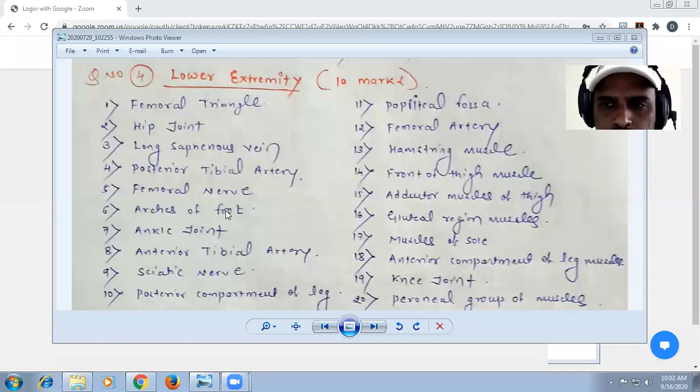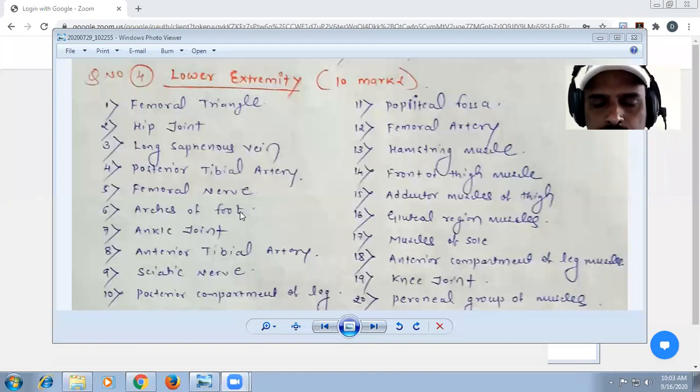For every topic you write when it is asked for 10 marks, you have to see whether it has any applied anatomy point. You should not forget to write the clinical anatomy, which is the end of the answer. For all topics, think about the clinical anatomy. While writing hurriedly, you may make a mistake or by chance leave out the clinical anatomy, so you should not do that.